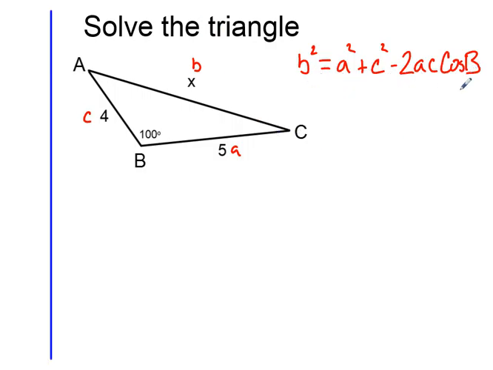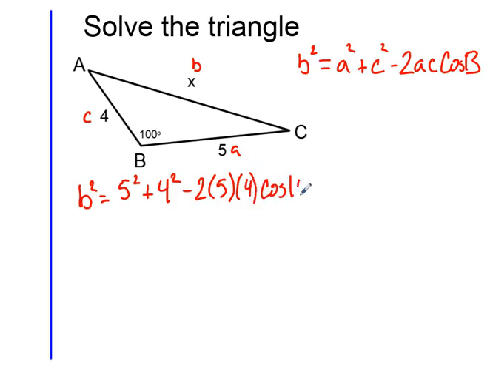Let's substitute each of these with what I have from the picture. So in my picture, B squared is equal to 5 squared plus 4 squared minus 2 times 5 and 4 times the cosine of 100.